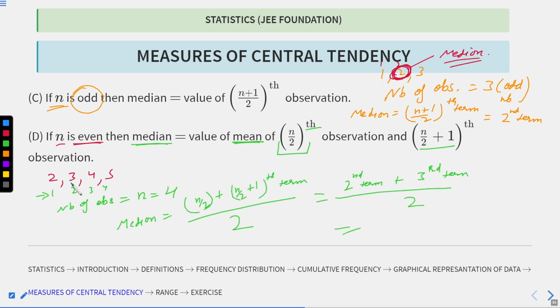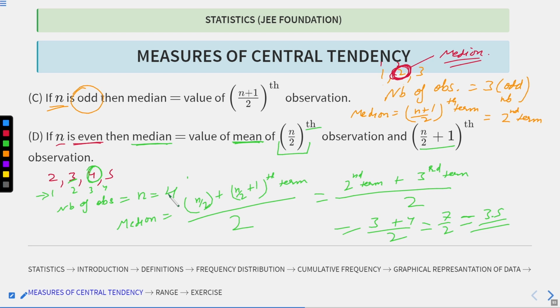The second term is 3, the third term is 4, so 3 plus 4 divided by 2 is 7 by 2, which is equal to 3.5. I hope the median is now clear to you.